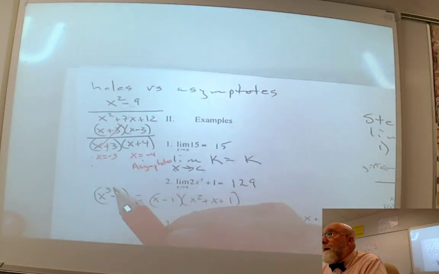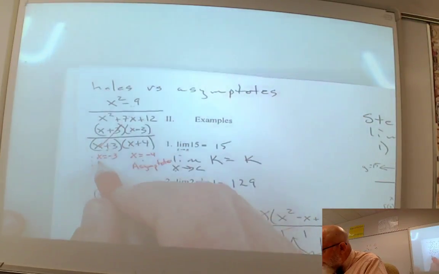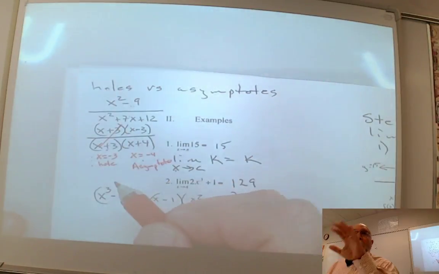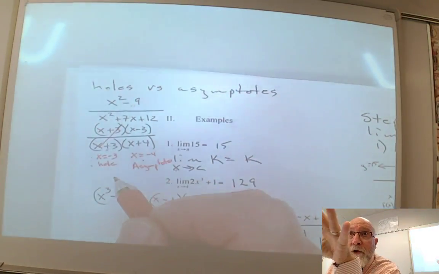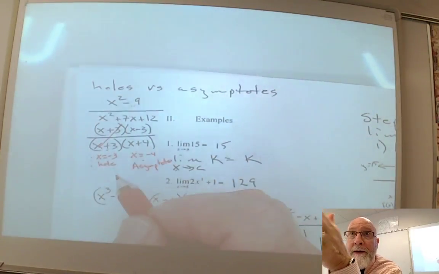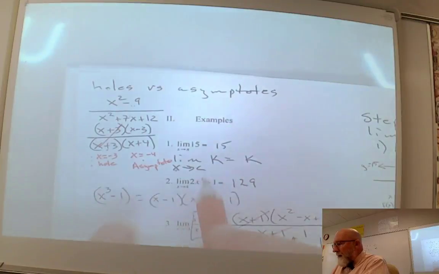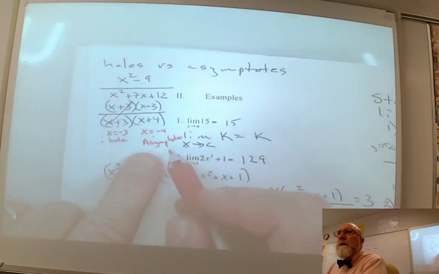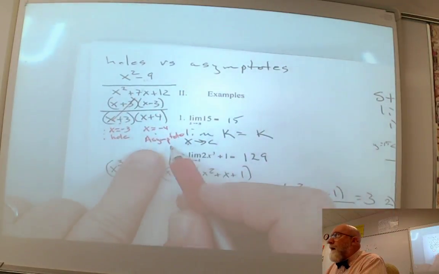It's a what? A hole. Both values cause discontinuity. There are breaks there, okay? However, can I take the limit at an asymptote?